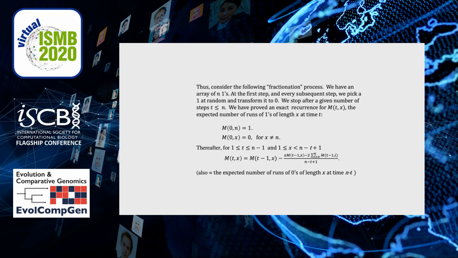In the second term, M(t-1,x) over (n-t+1) gives the probability that the new deletion is located at some run of length x. x times the probability returns the expected value of lost gaps. Same thing for the third term: twice the probability that the new deletion is located at any longer run gives the expected value of creating new ones from either of the two sides.